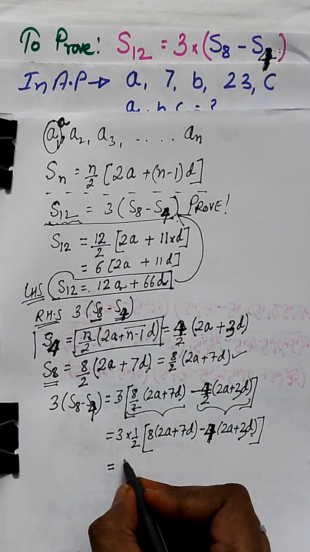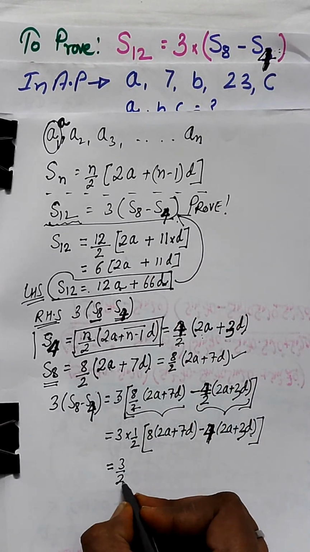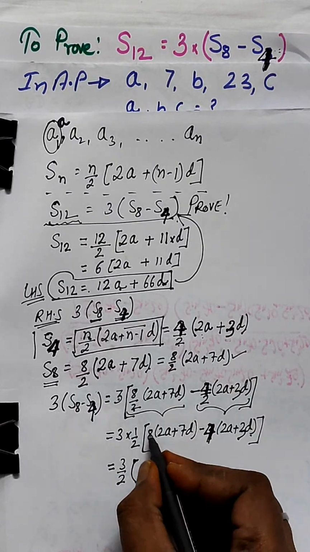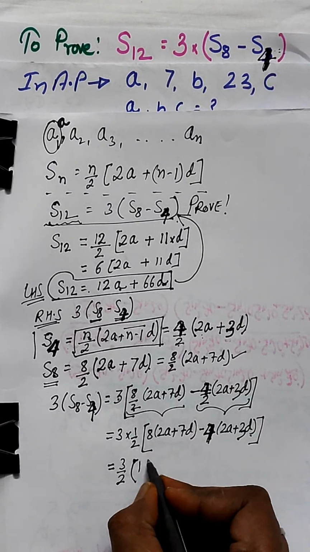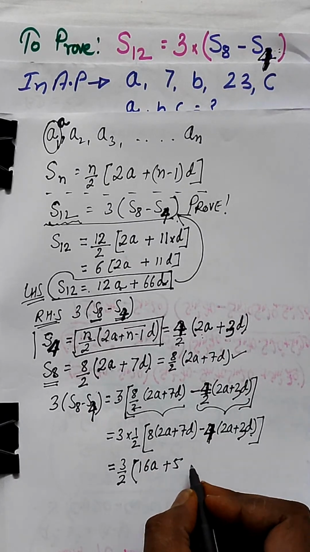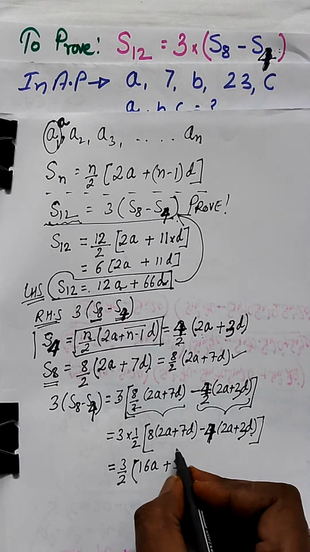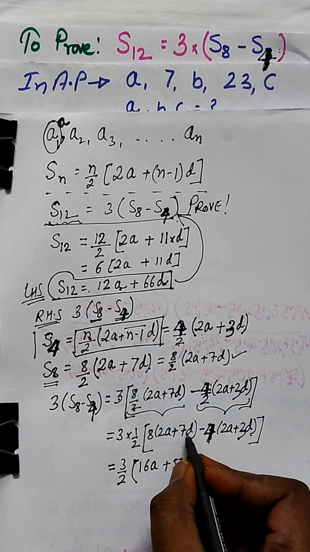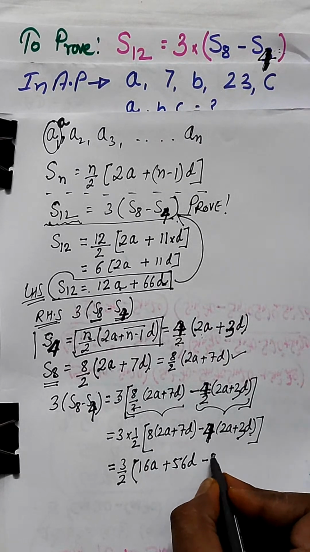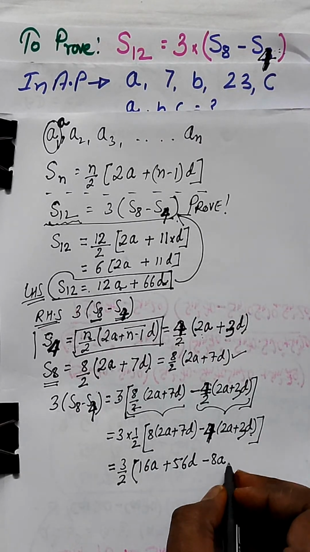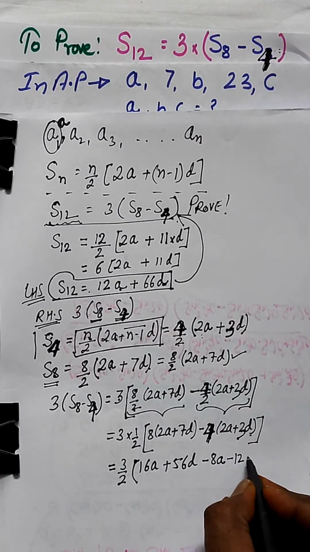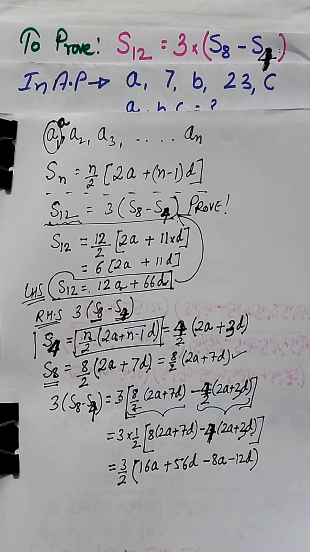So in the RHS we are left with 3 by 2 times, inside the bracket, just open the brackets: 16a plus 56d minus 8a minus 12d, right?